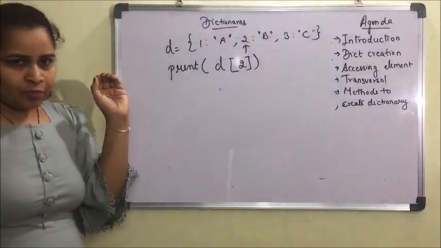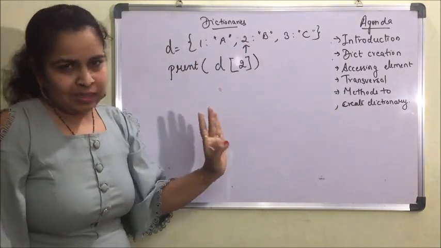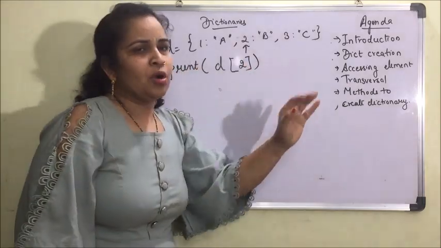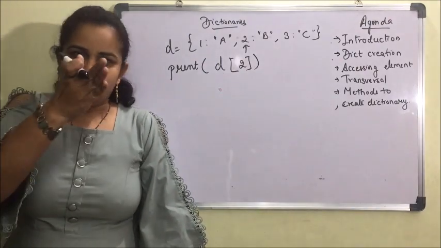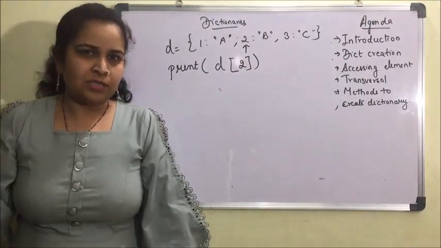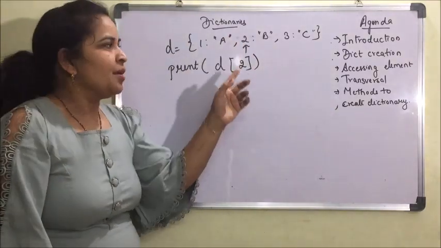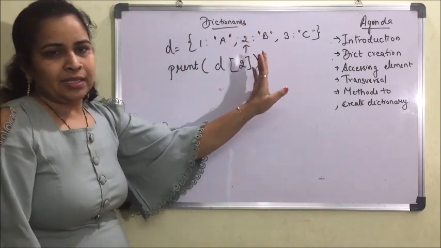Whatever element we have to access, we can access it using the key. This is the most important benefit. Second thing is there is no ordering. When we are using an index, there is order, index 0, index 1, index 2, index 3 and so on. But here, as it has key and value pairs, there is no indexing.